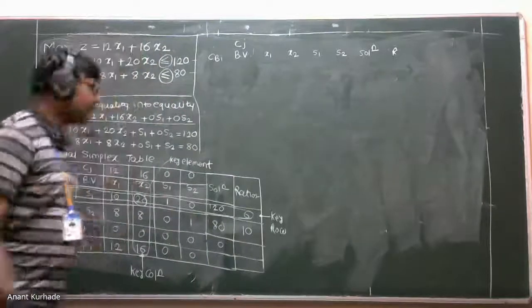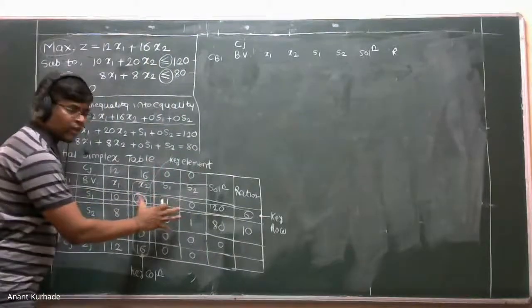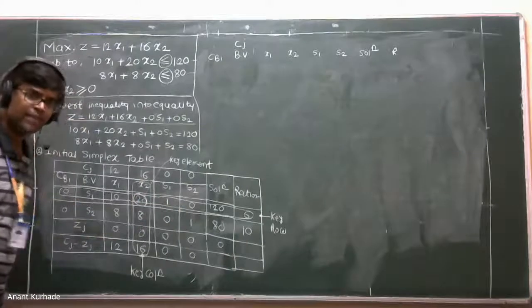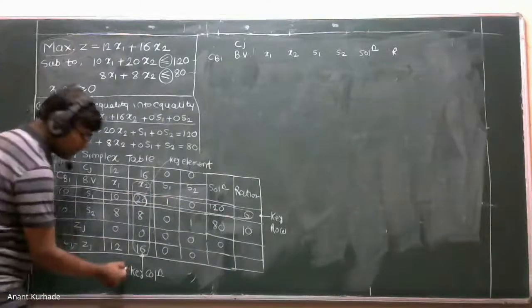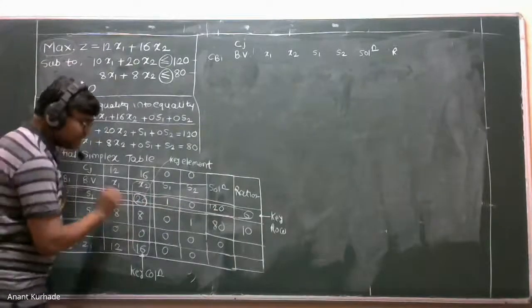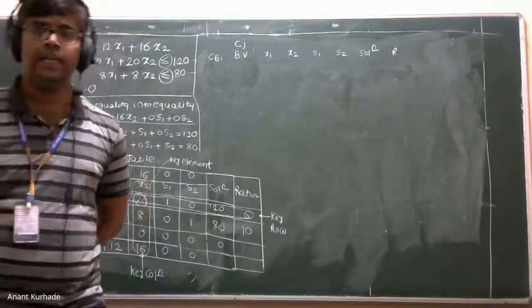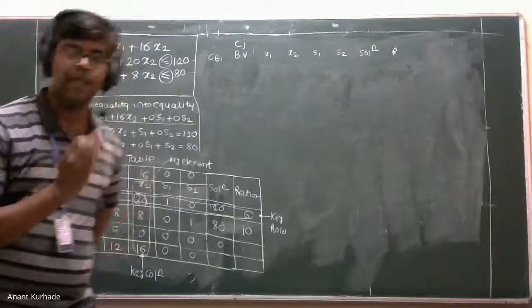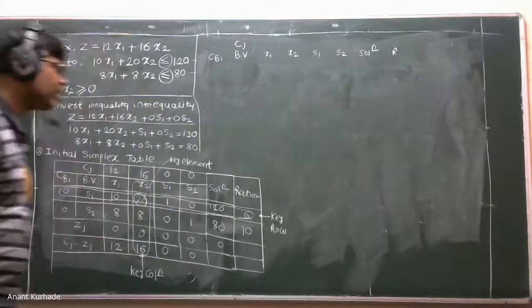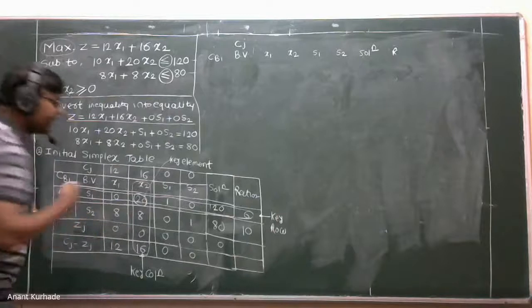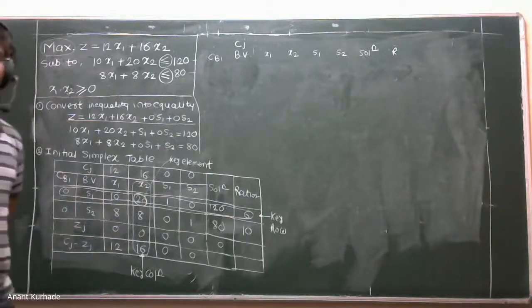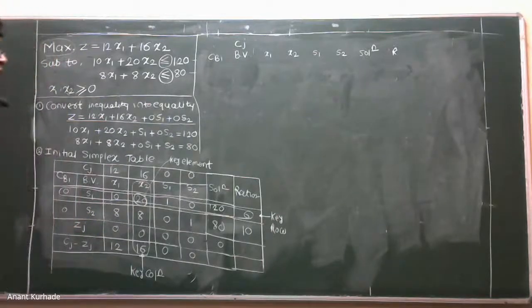Now see, from this first simplex table, I forgot to tell you which one is entering variable and which one is leaving variable. Entering variable is from the column. Leaving variable is from the row. Which one is entering variable?